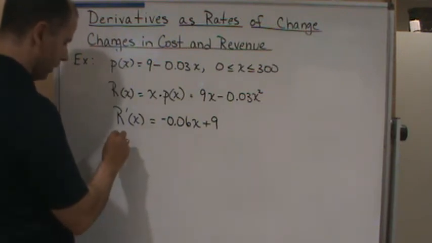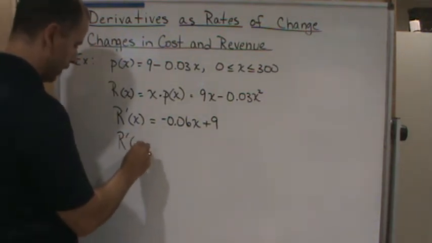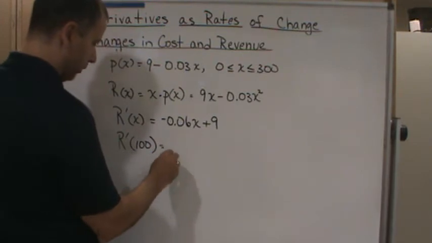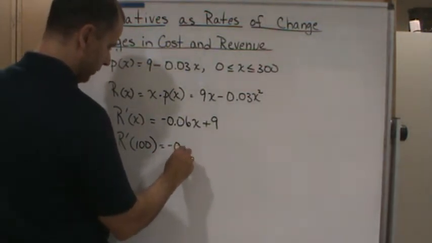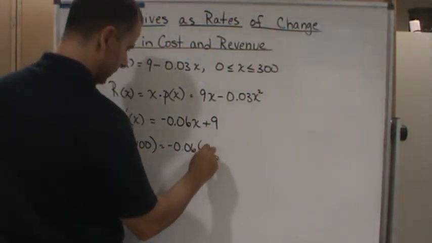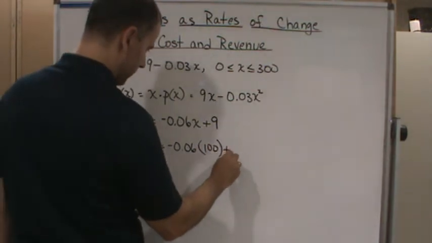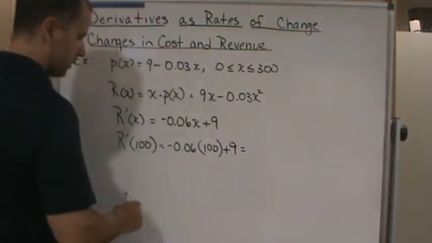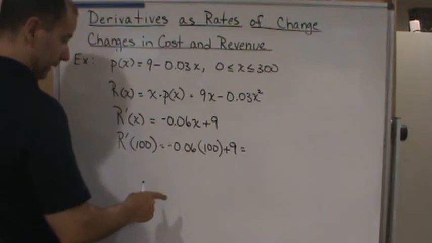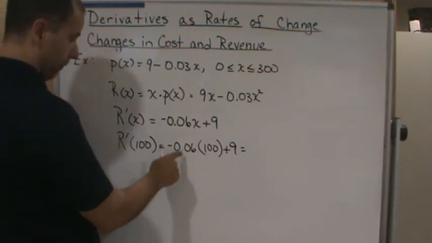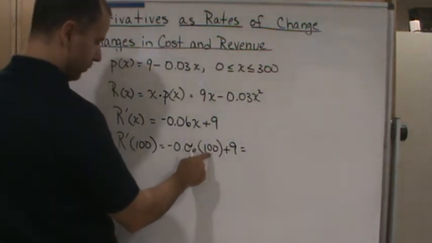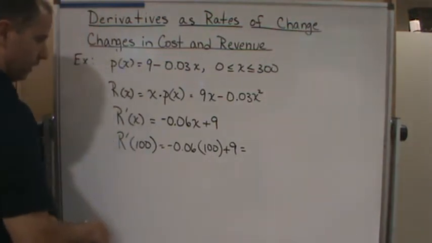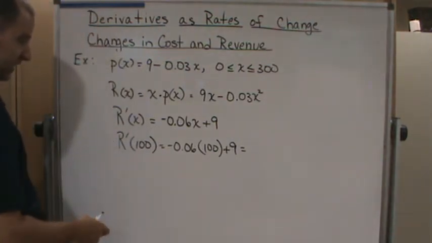So R prime of 100 equals negative 0.06 times 100 plus 9. And of course, 0.06 times 100 would be the same as 1 times 6, right?